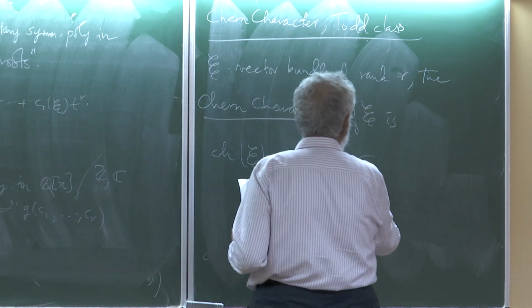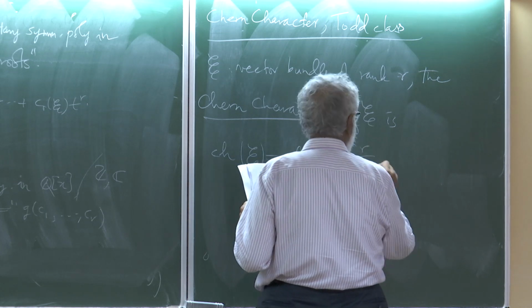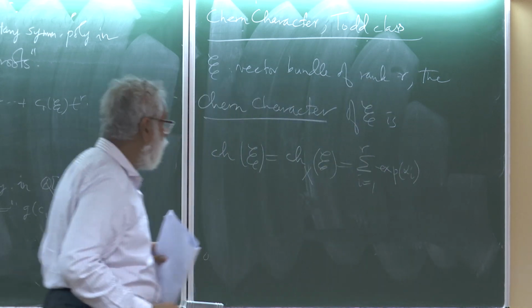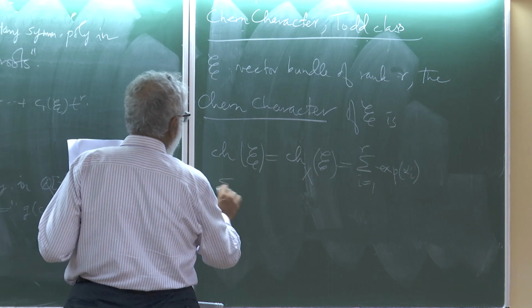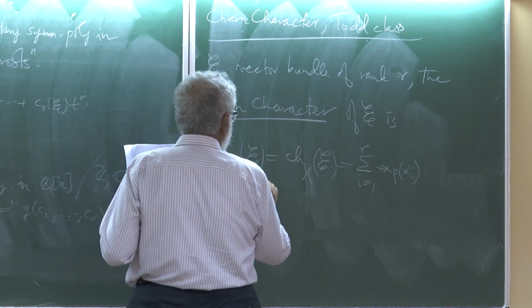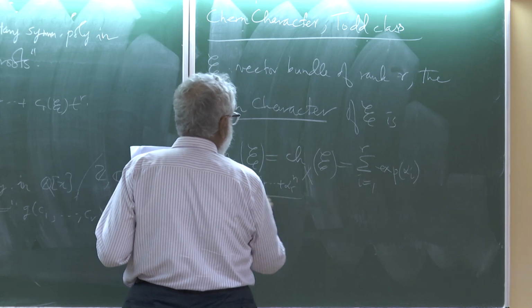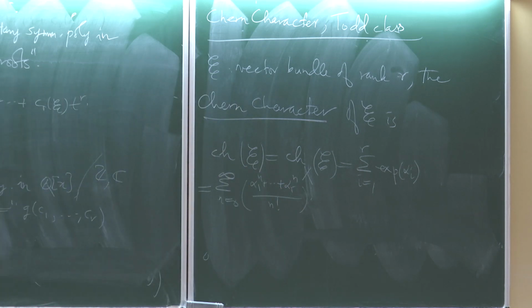So this is going to be, I take the sum over i equals 1 to r, r is the rank, of the exponential of alpha i, where alpha i are the Chern roots. So in other words, this is the sum over n equal to 0 to infinity of (alpha 1 to the n plus ... plus alpha r to the n) over n factorial. I just write this formally.